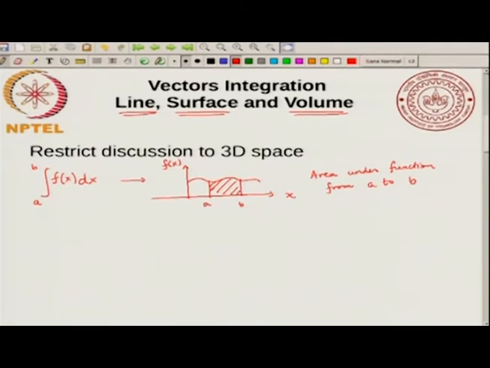Now, what do we have here? We have a function, but it is not a function of a scalar, rather it is a function of a vector. So, f of r, and what we are thinking of is something like an integral over a vector.